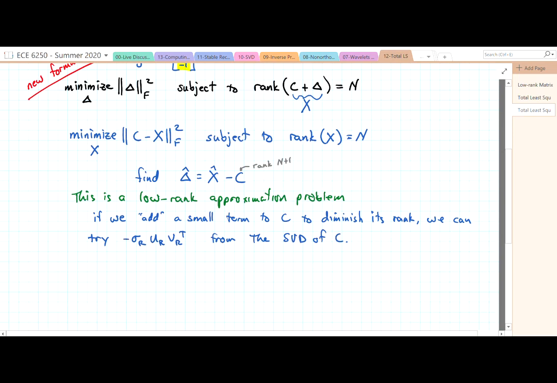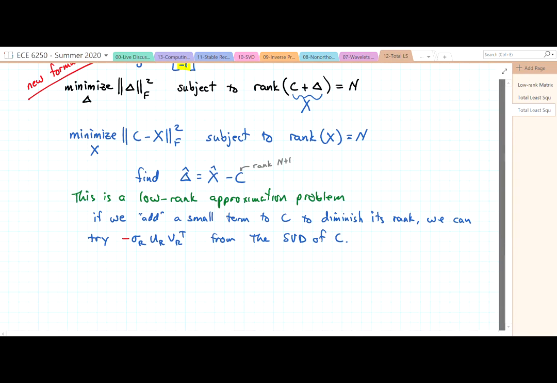And actually, the add was in quotes because we're going to want to subtract that. So our delta would be minus that. So when we added that to our C matrix, we will now have diminished the rank, and it will be the best or the closest diminished rank approximation to C that we can get.